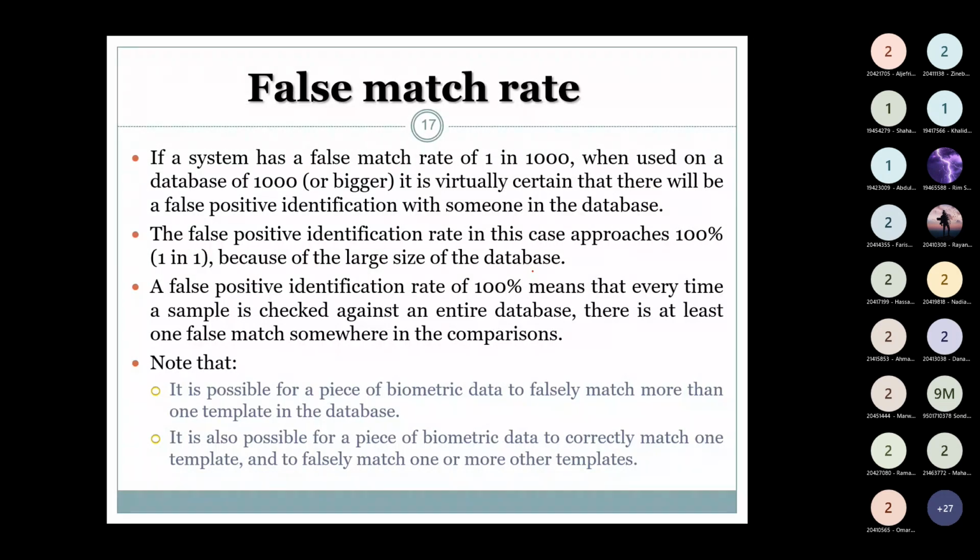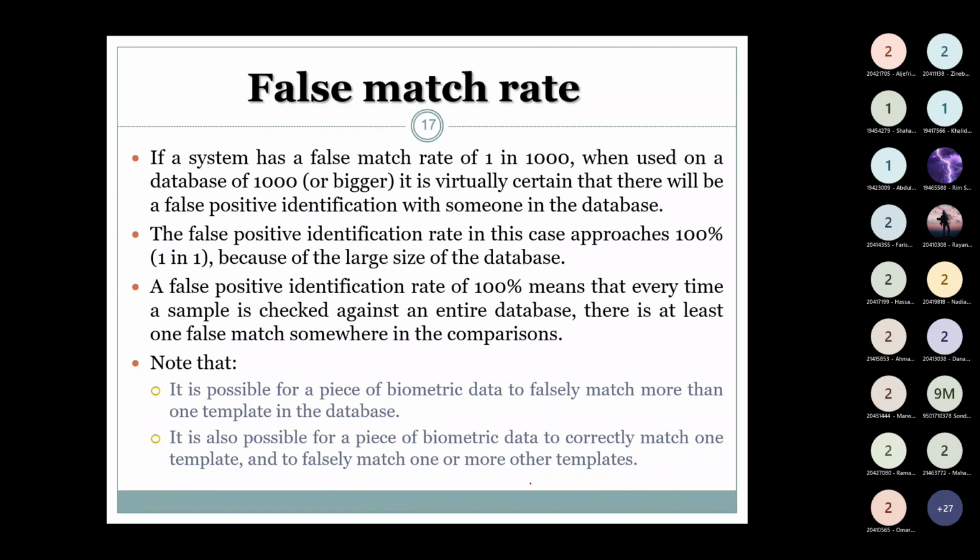A false positive identification rate of 100% means that every time a sample is checked against an entire database, there is at least one false match somewhere in the comparisons. So it is possible for a piece of biometric data to falsely match more than one template in the database, and it is also possible for it to correctly match one template and to falsely match one or more other templates.